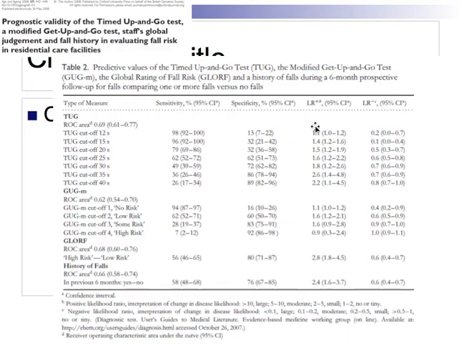Then we'll report sensitivity, specificity, and likelihood ratios for all those various cutoff scores used to distinguish fallers from non-fallers. We can see that the same TUG score of 15 seconds had good sensitivity, but the specificity was really low. And so the value in this test turns out not to be as good as was predicted by the case control study.